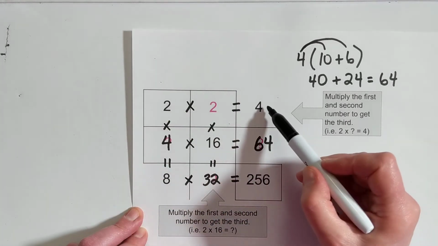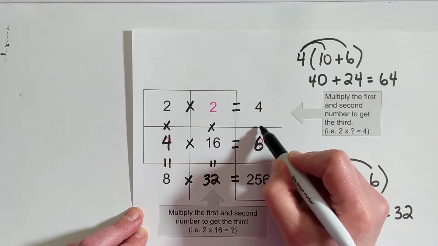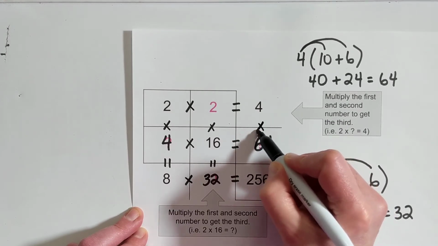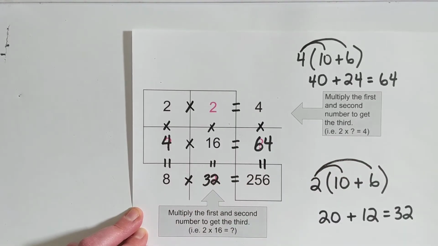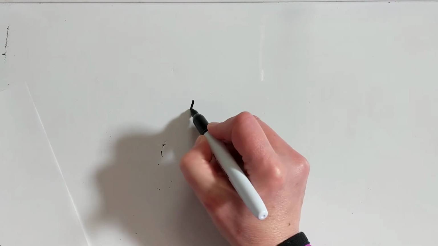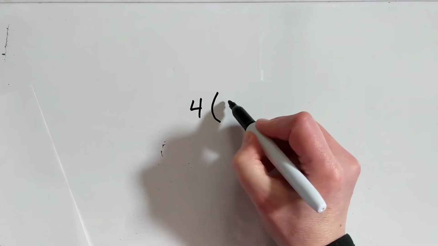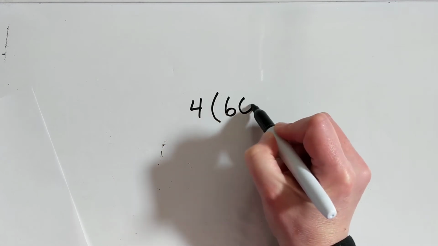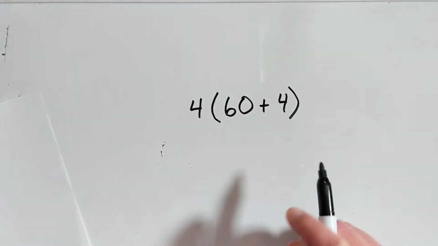Also, once I found that, I also know, and if you want you can check, that 4 times 64 equals 256. I could do a quick check, so let's do that. 4, and then I break up the 64 into 60 plus 4.